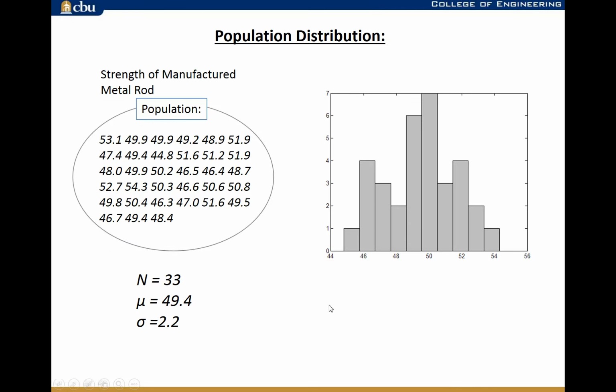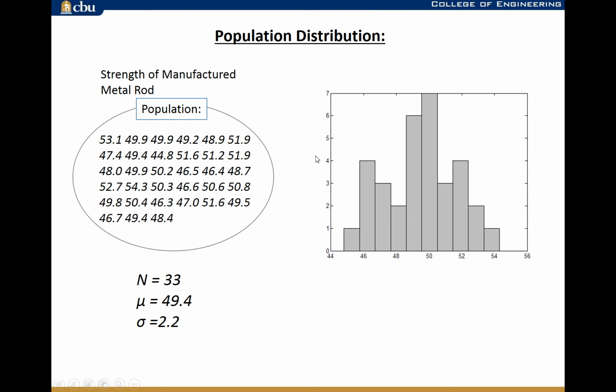So for instance, in engineering, we test the strength of a metal rod, and we know that the population size was 33, and we find out the average is 49.4, and the standard deviation is 2.2. So we can make a histogram here.